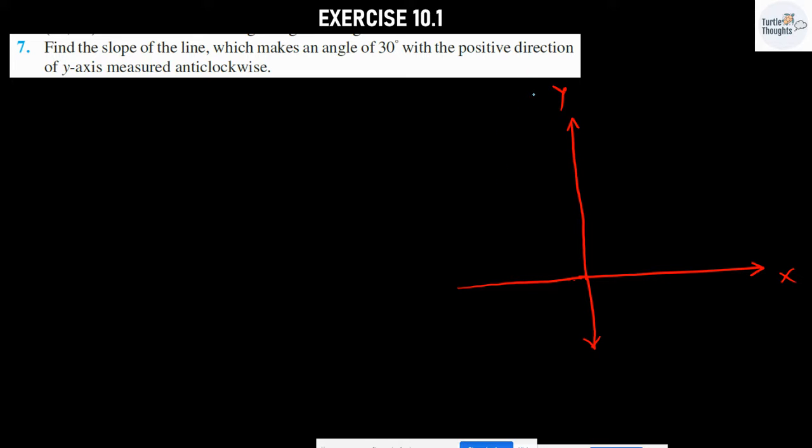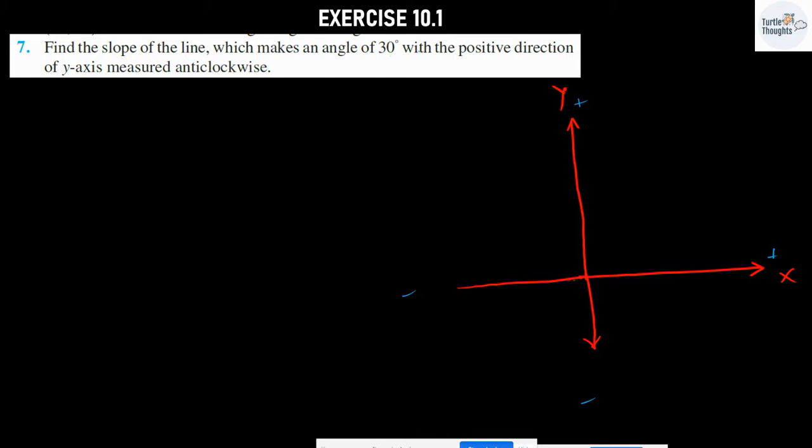So positive direction of y-axis. Where is the positive direction of y-axis? Over here, right? This is the positive direction of y-axis. This is the positive direction of x-axis. This is the negative direction of y-axis. This is the negative direction of x-axis.